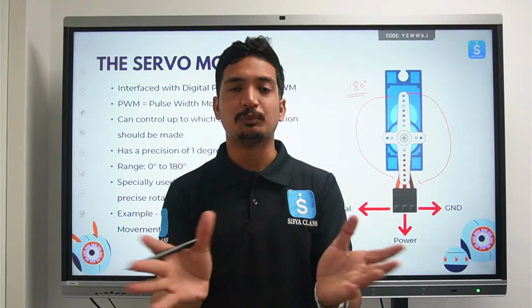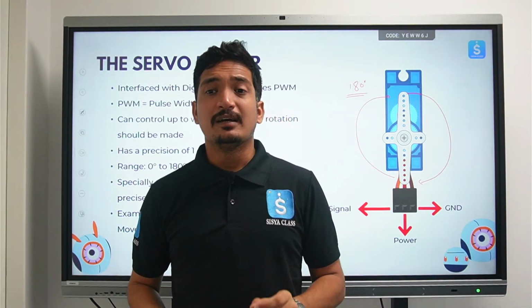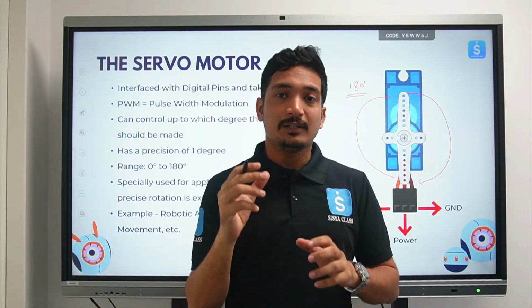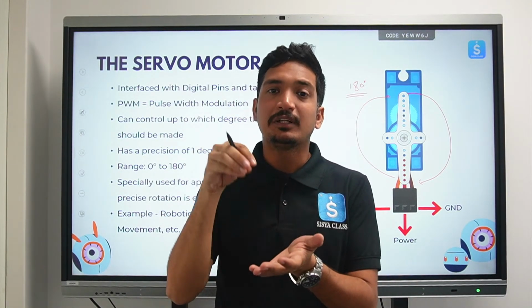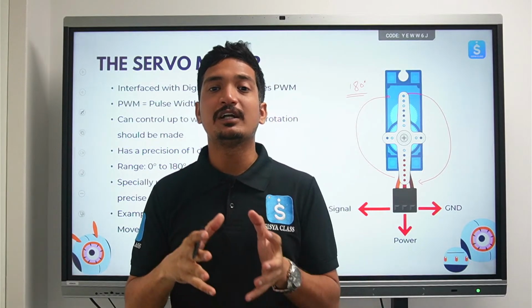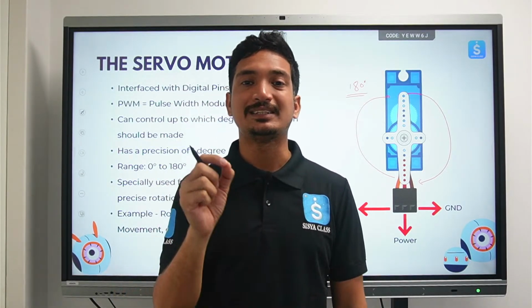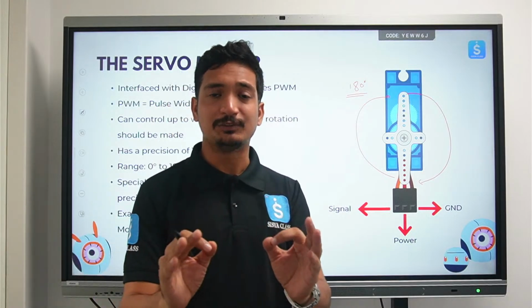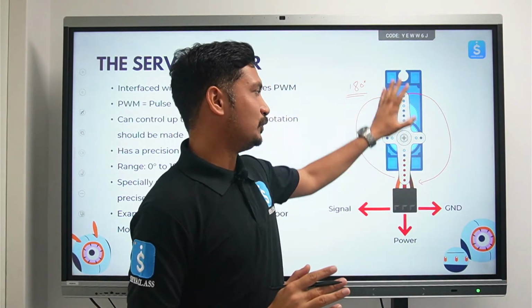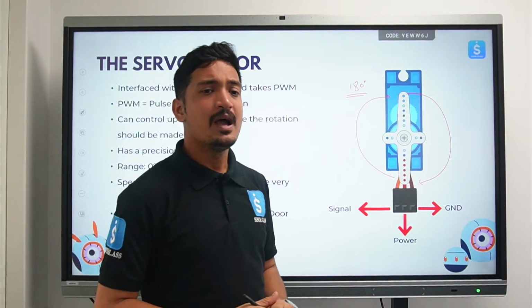In fact, if you want a motor which can rotate a complete 360 degrees but with controlled precision, we have a different type of motor, which is called a stepper motor. We are not covering that in today's session, but this is something we should know about servo motors.